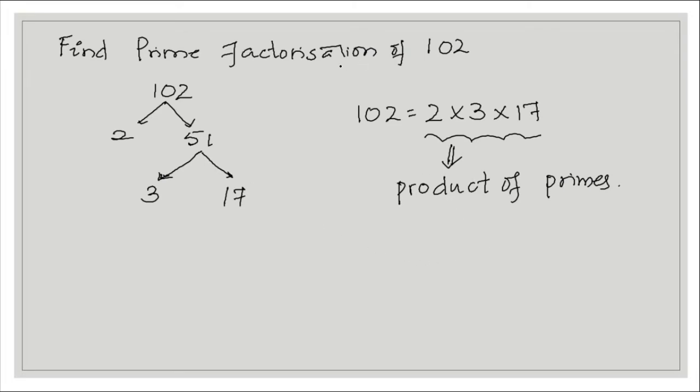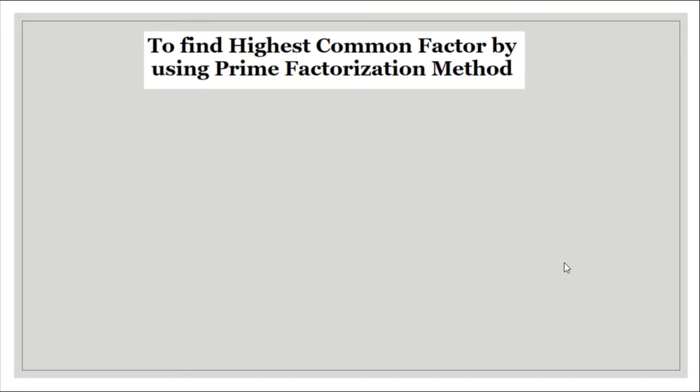Using this prime factorization, we can find the highest common factor. For that, we have to follow certain rules. I'll be telling you what are the steps involved in finding highest common factor by using prime factorization method.